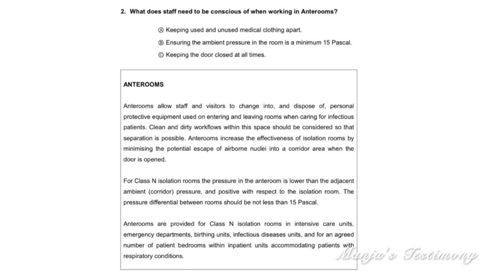For class N and isolation rooms, the pressure in the anteroom is lower than the adjacent ambient corridor pressure, and it is positive with respect to the isolation room. The pressure difference between rooms should be not less than 15 Pascal. Anterooms are provided for class N and isolation rooms in intensive care units, emergency departments, birthing units, infectious disease units, and for an agreed number of patients' bedrooms within inpatient units accommodating patients with respiratory conditions.